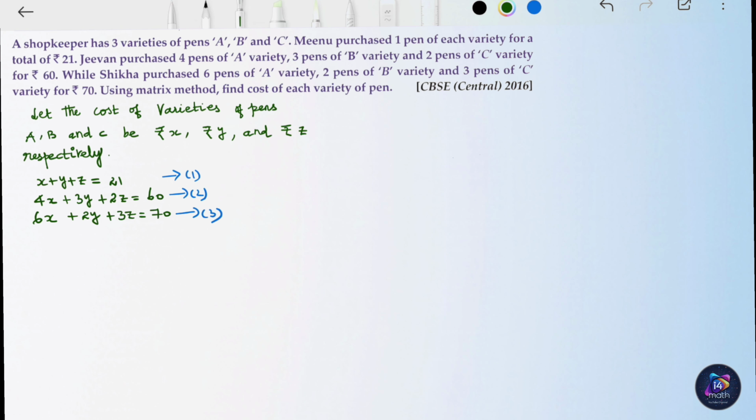The given system of linear equations in matrix form is as follows: AX equal to B. What is A here? A is the coefficient matrix: 1 1 1, 4 3 2, 6 2 3.